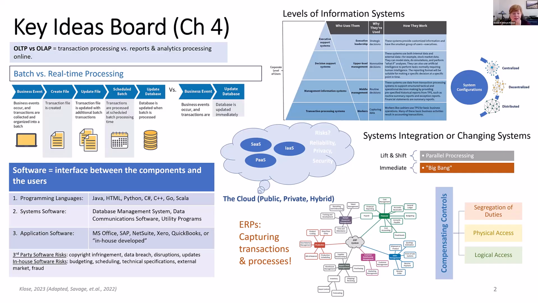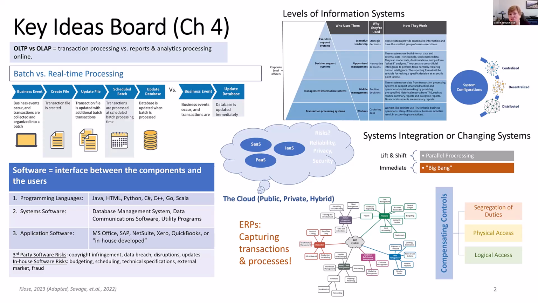If it's a retail operation, it's coming from the cashiers on the front line all the way to people in the back office inputting exceptional transactions and things of that nature. So we're building up that data. And then we're going to transform that data into useful information as we use it and pull it into our other systems. As we go up the pyramid, we have management information systems.